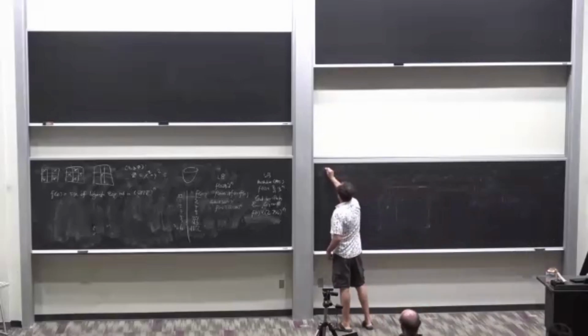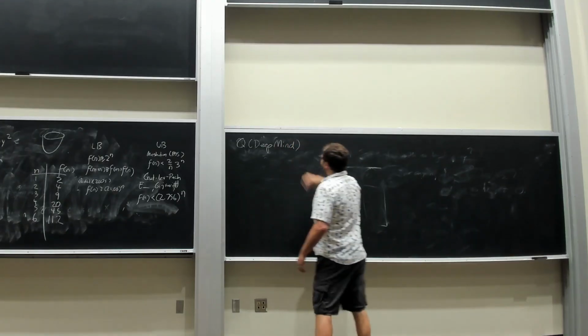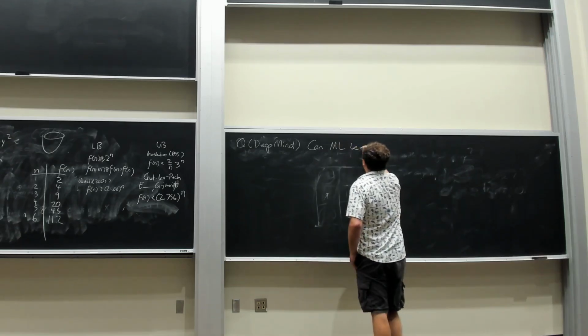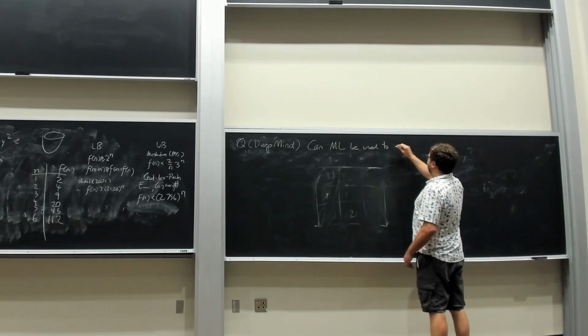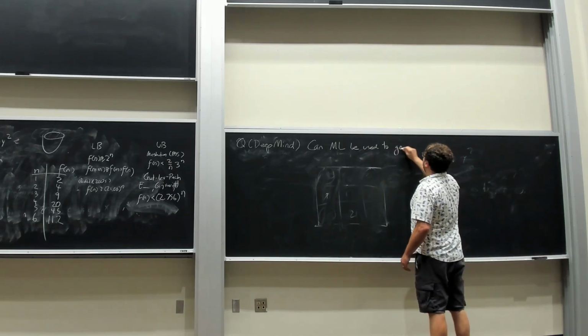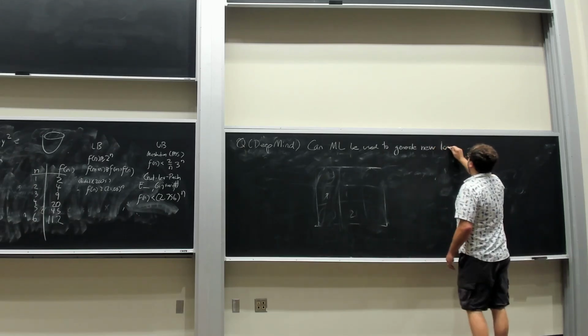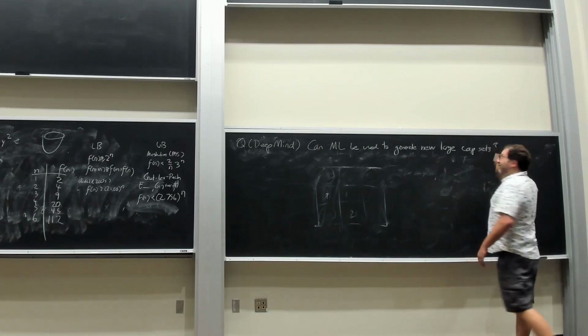So the question that I talked about with a large group of researchers at Google DeepMind is, can machine learning be used to generate new large capsets?